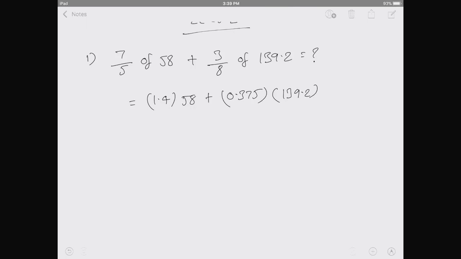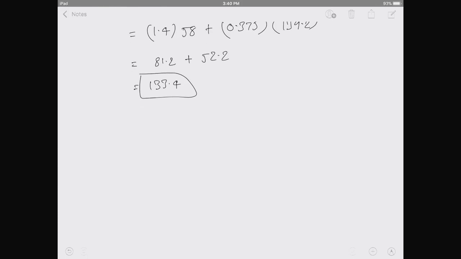See, here you have to be very quick in answering the divisions and multiplications. You need to learn tables. 1.4 into 58 is equal to 81.2. This results to 52.2. So 133.4 is the answer. This is the first question. These are very simple, but you have to practice.